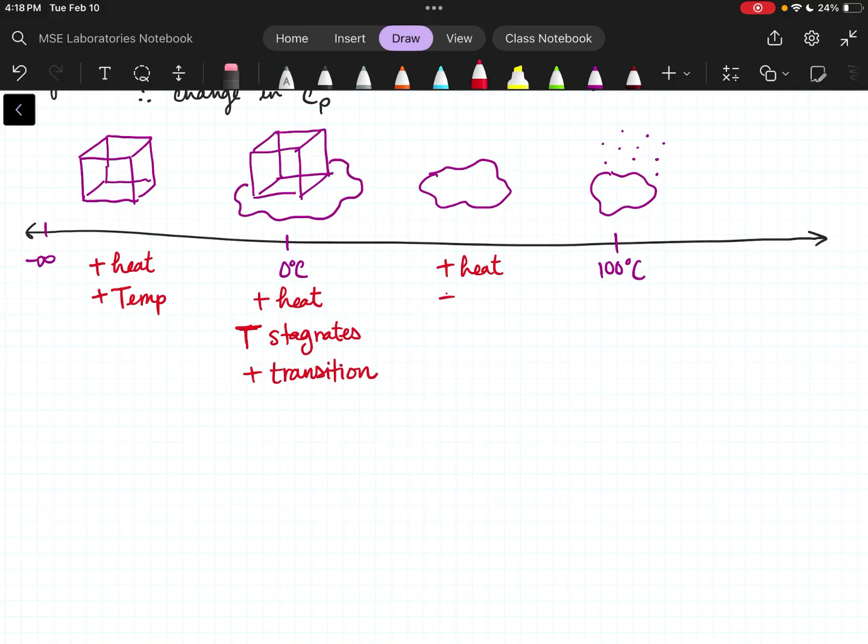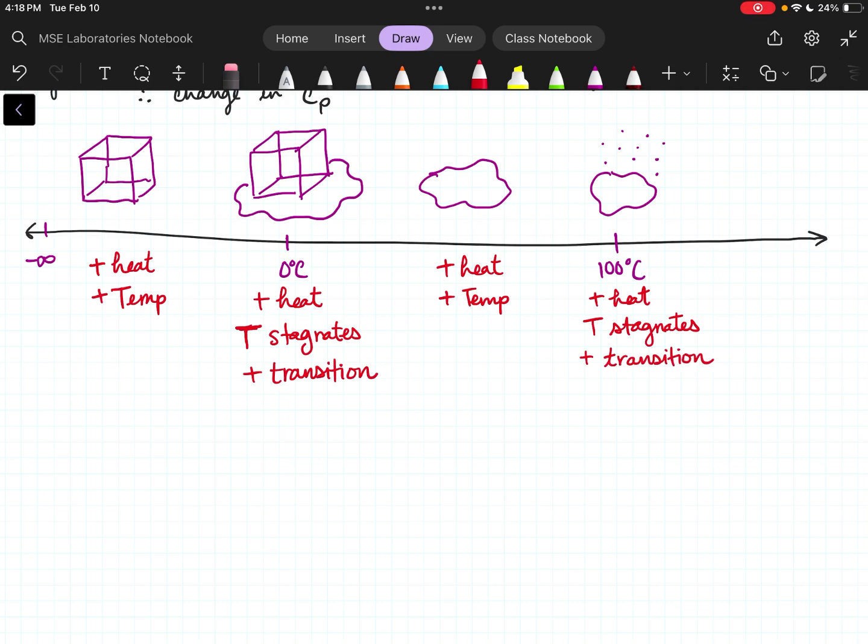Temperature goes up. Yep, increase temperature. At 100 C, we are going to see the same thing that happened at 0 Celsius. I'm continuing to add heat. The temperature stagnates. And we have a transition.